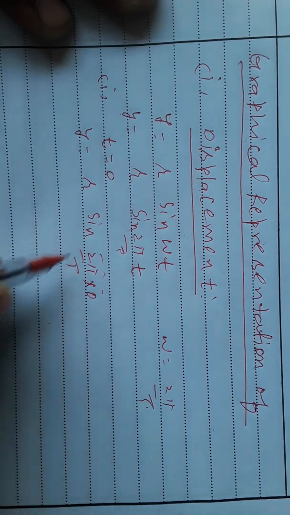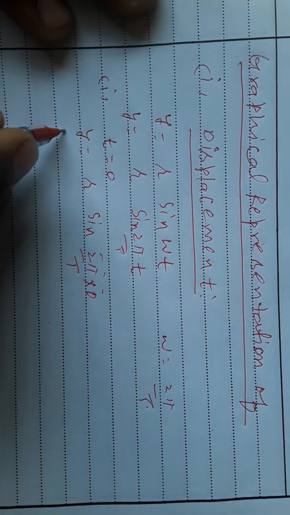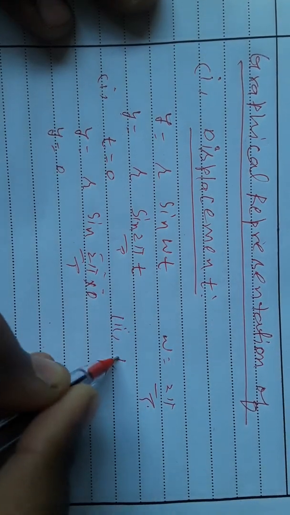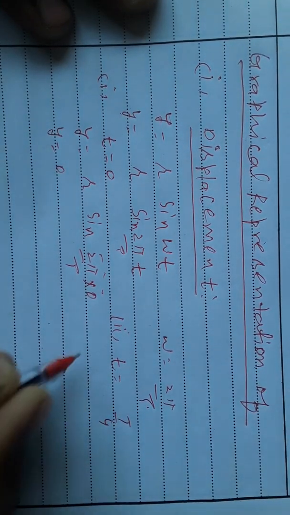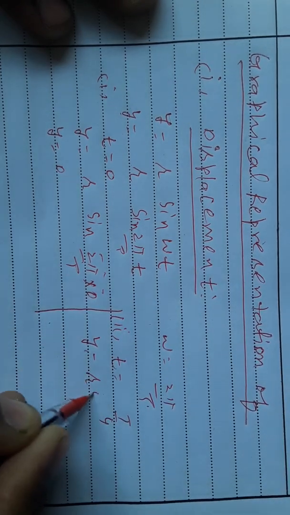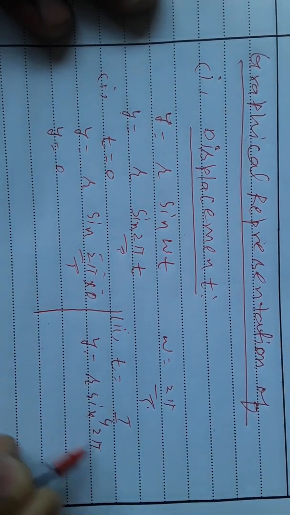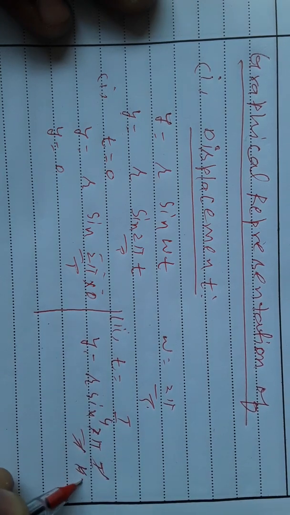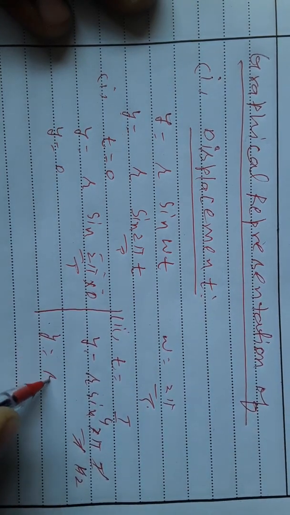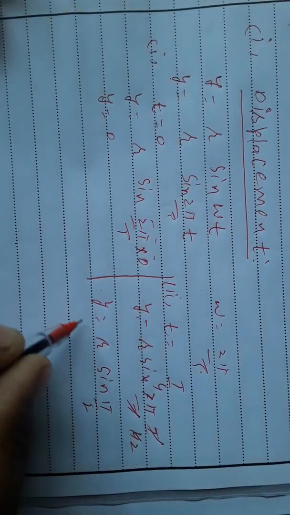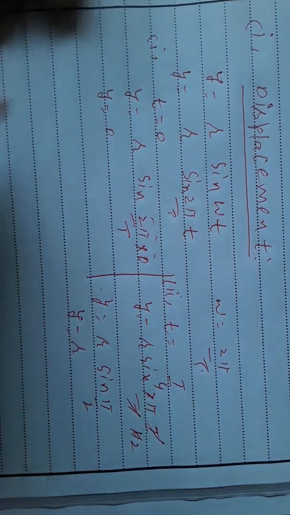Sin 0 will be 0, so displacement will be 0. If we take small t is equal to T by 4, we get y is equal to r sin 2 pi upon T into T by 4, cancelled. So y is equal to r sin pi by 2, sin 90 is 1. So y is equal to r.